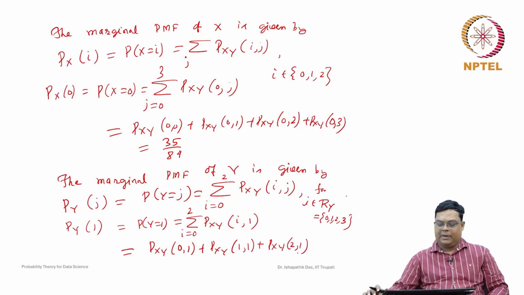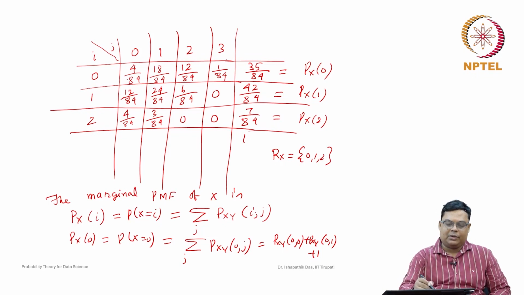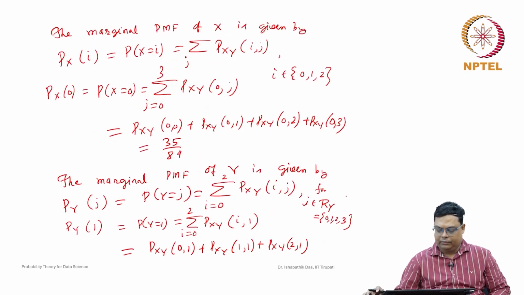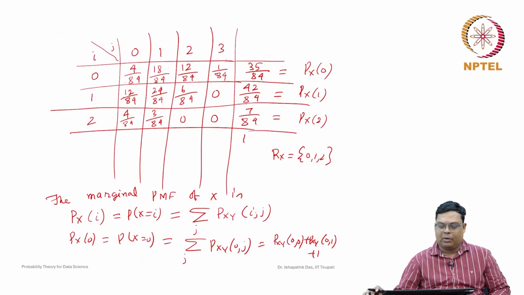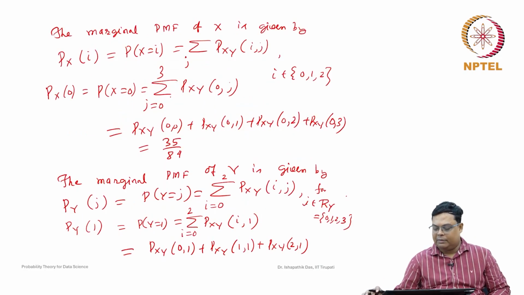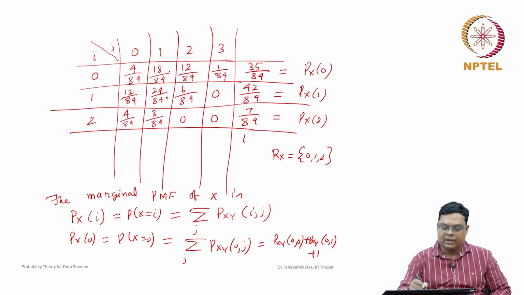So, here you can see that p_XY of 0 1 is this, then next is p_XY of 1 1, which is this, and then next is p_XY of 2 1, which is this.